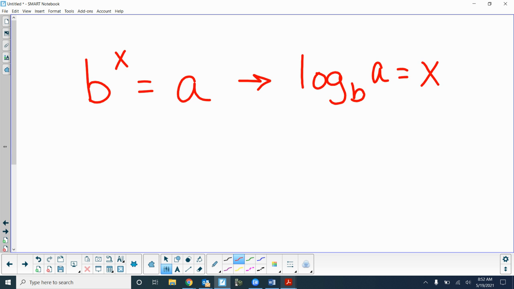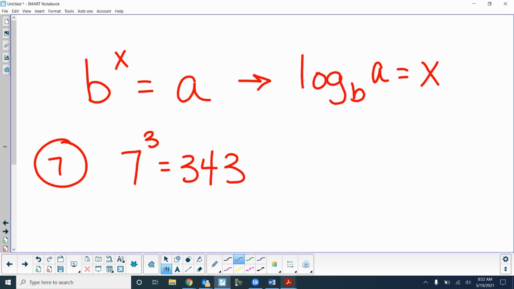So, for number 7, our base is 7, our exponent is 3, and our number, what that equals, is 343. That's a true statement. You know, if you put that in your calculator, that's what you get. You're supposed to rewrite it in logarithmic form.